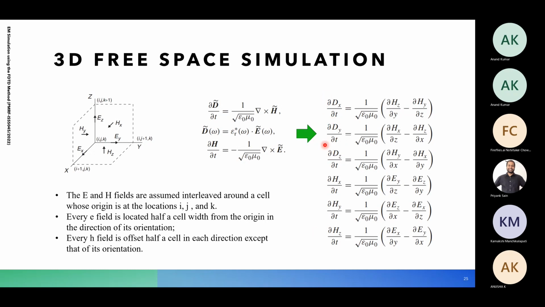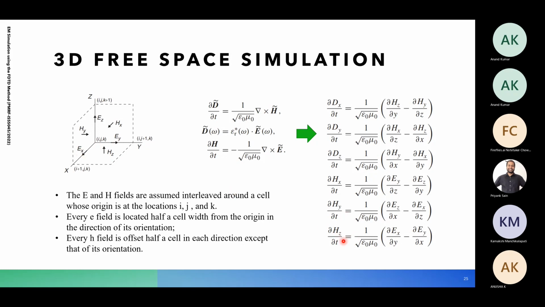For 3D, we have this set of equations, and as I said, Hx is being updated by using Ey and Ez. So you can see over here, if you consider this face, the Hx is being updated by Ey and Ez. If you take this face, the Hz is updated by Ey and Ex.